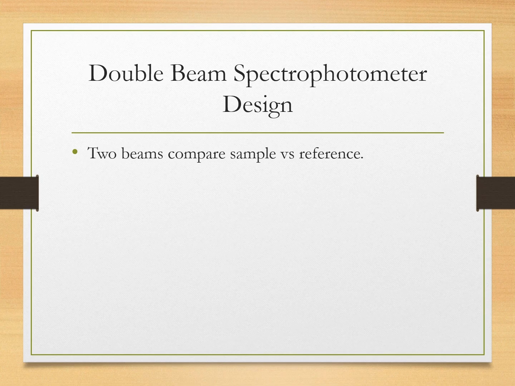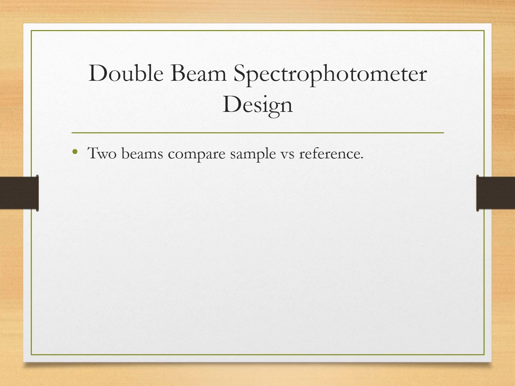There are different types of spectrophotometer, of which one is the double beam and the other is the single beam spectrophotometer. In a double beam spectrophotometer, light separates into two parts. One goes through the sample and the other goes through the reference.